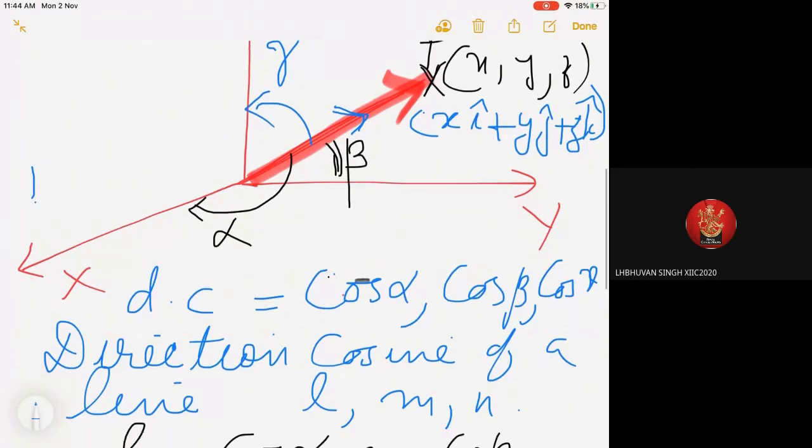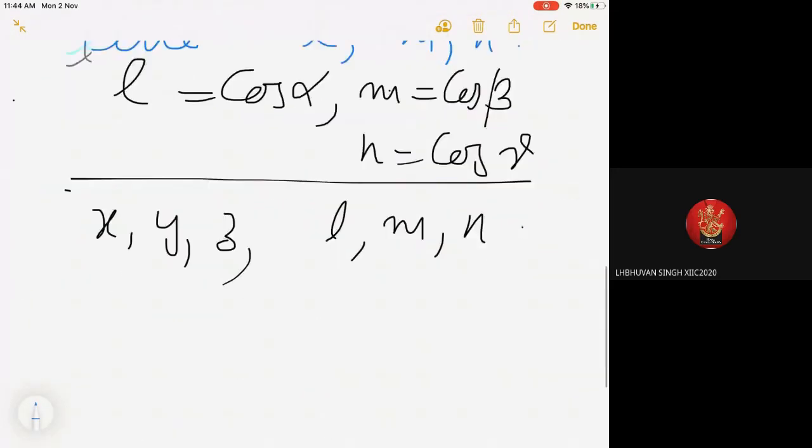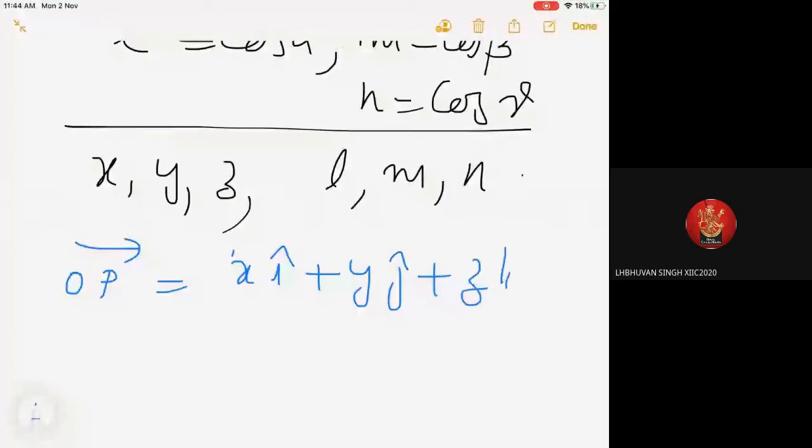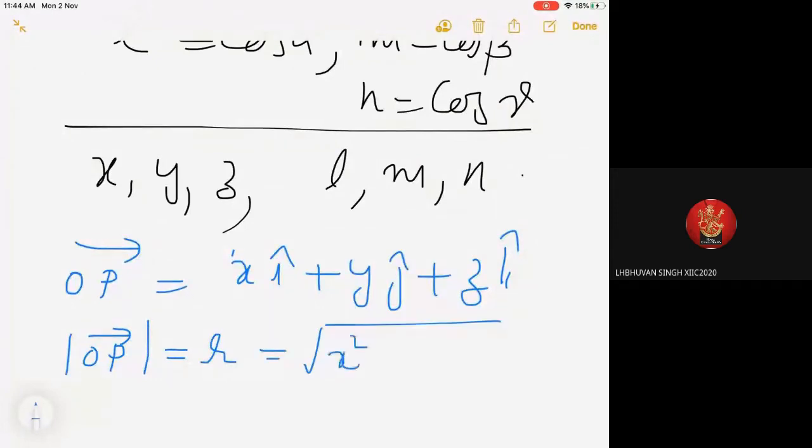The position vector OP is xi cap plus yj cap plus zk cap, and the modulus of OP we call it simply r, which is equal to root of x square plus y square plus z square.